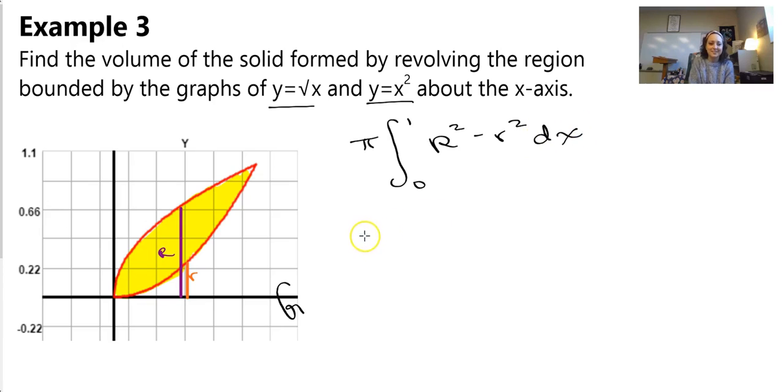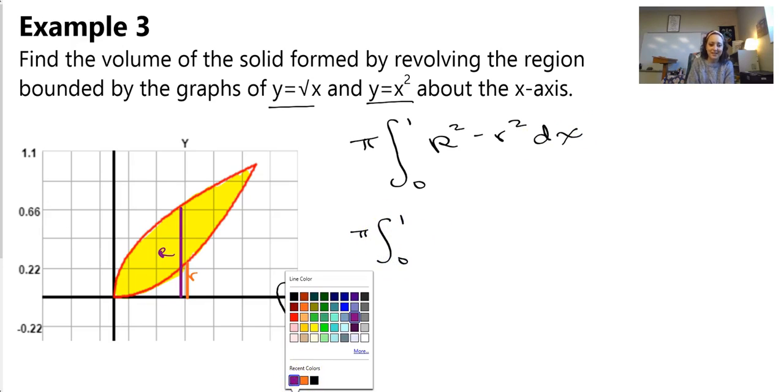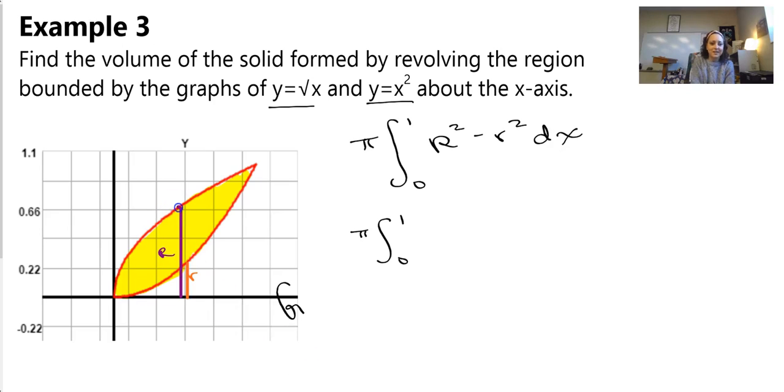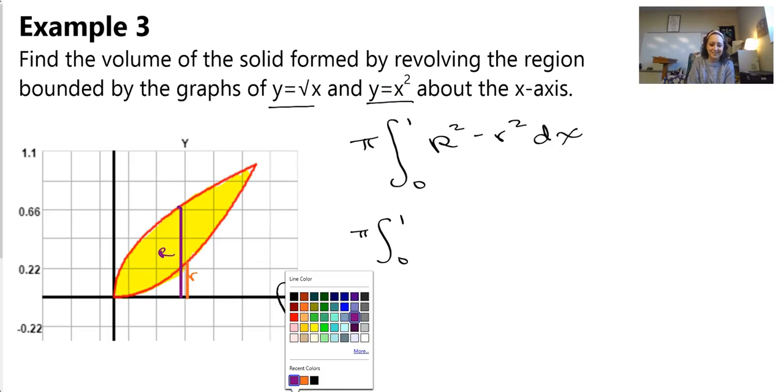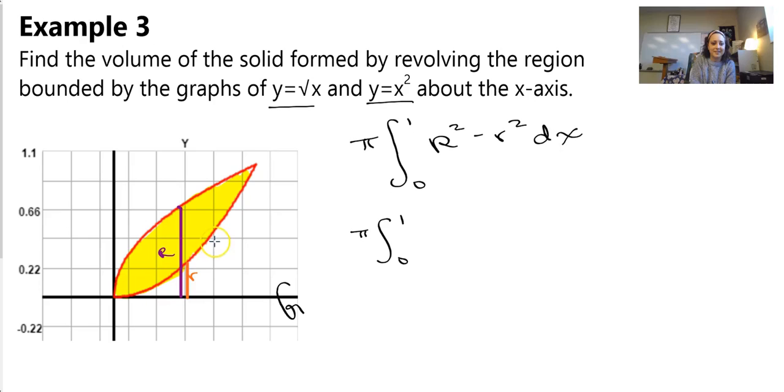dx. Okay, so let's just come up with some formulas for capital R and little r. So you said capital R, top minus bottom. So by the way, y equals x squared is concave up, right? So if you are unsure, maybe we should label these. This is y equals x squared, and this is y equals square root of x.